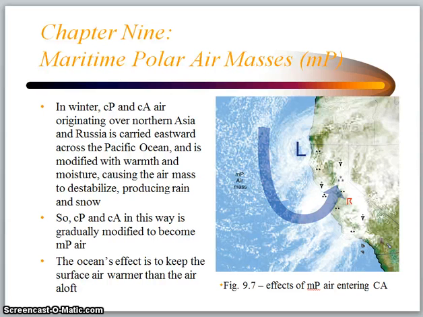And then that air mass, or those air masses, are modified with warmth and moisture, causing the air mass no longer to be bitterly cold, dry, and stable, but now becoming cool, moist, and unstable, and the genesis for major winter storms that come into the west coast of the U.S. in winter, which gives us the showers and snow and thunderstorms we experience generally, say, between November and March or so. The ocean's effect then is to keep the surface air warmer than the air aloft, and that destabilizes the air.